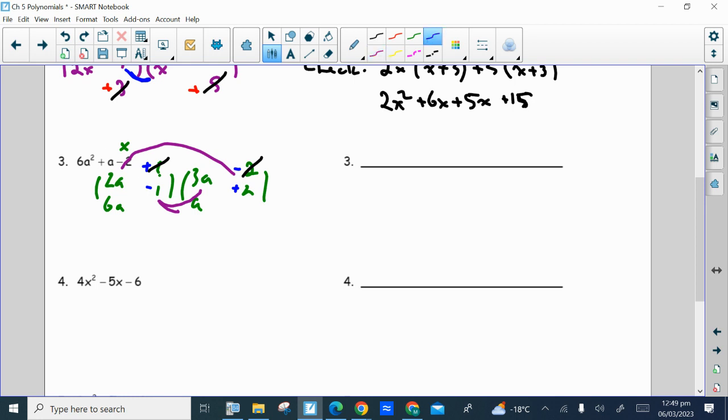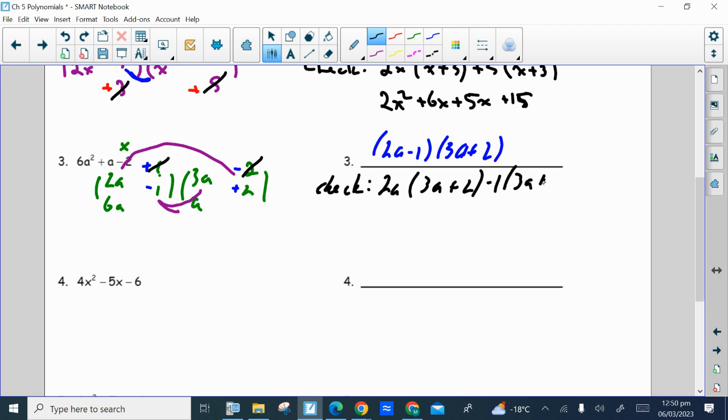So it appears that those are the factors, 2a minus 1 and 3a plus 2. Those appear to be the factors. And to make sure, we will check. We will multiply these out using distributive property. That's what we've always done to check.